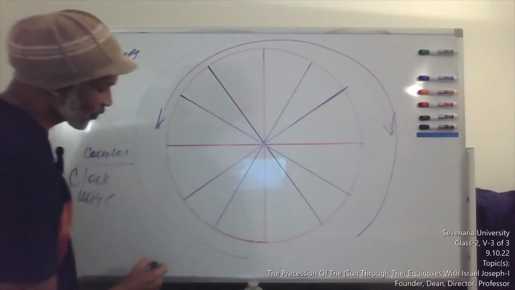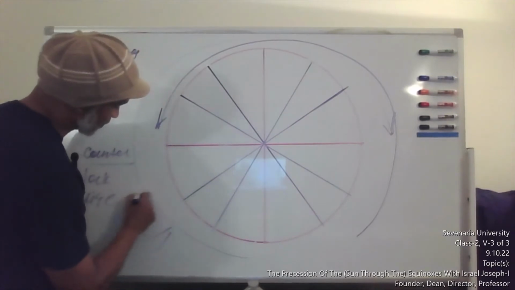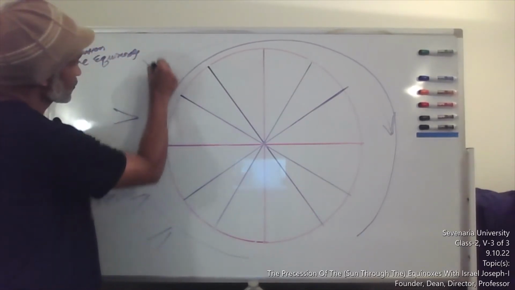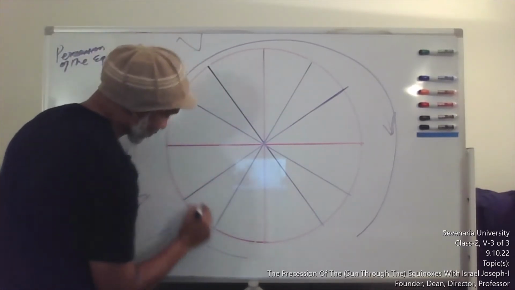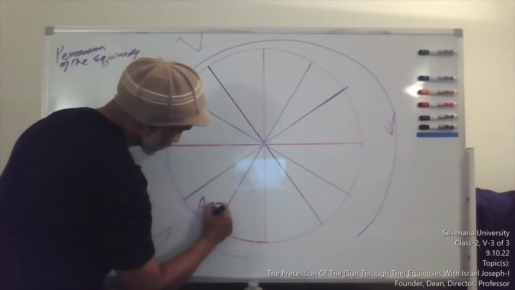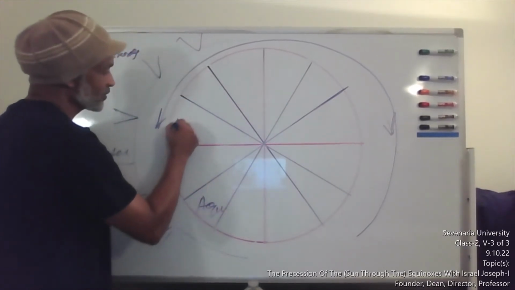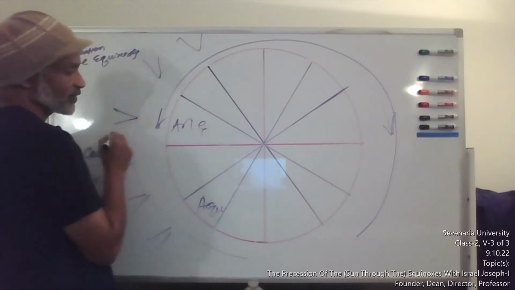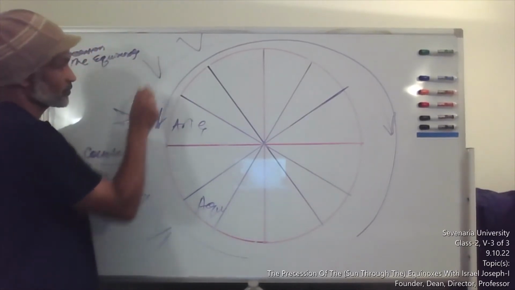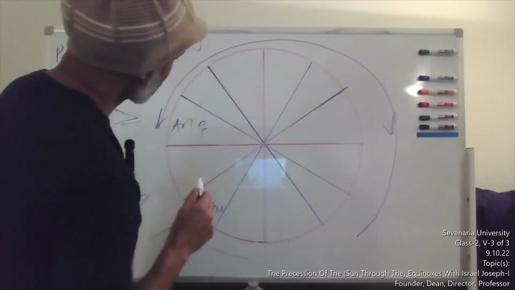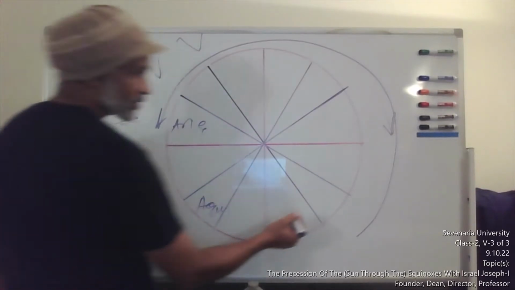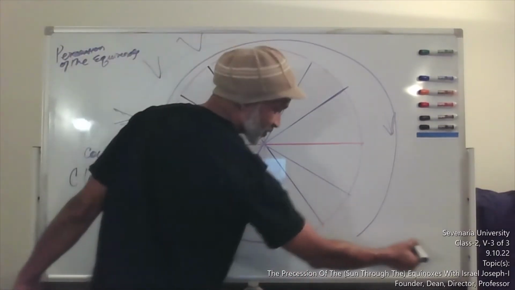Because when we go through our year, the sun is sitting in different positions in front of constellations. That's why we have Aquarius. That's why we have Aries. Because throughout the year, he's sitting in different constellations. But the sun is setting on the horizon.